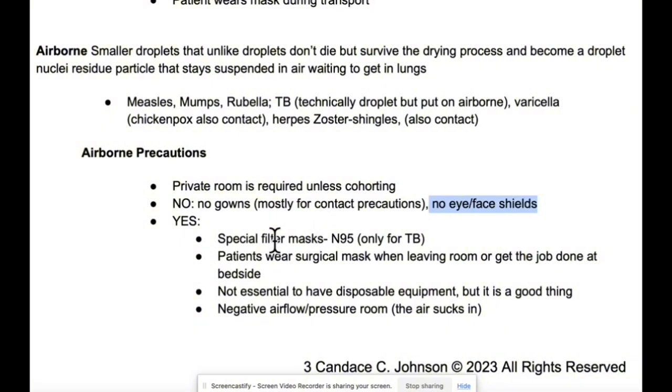Yes to the special filter mask, N95, only for your TB patients though, okay? You don't wear the special filter mask for measles, mumps, rubella, herpes zoster, chickenpox, right? You definitely don't do it for that. You will do it for the folks with TB because that particularly is a lung disorder, all right? Those residue particles are going to cause a lot of damage if they can get into susceptible, vulnerable lungs.